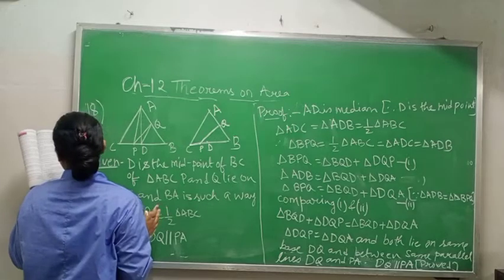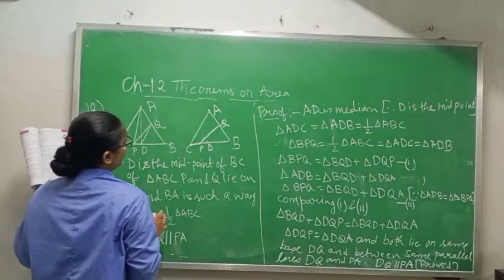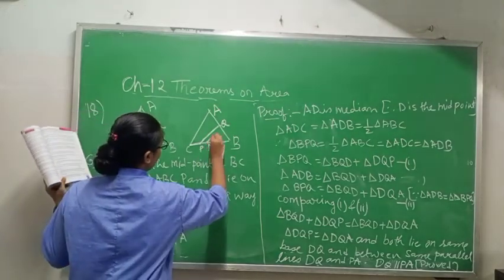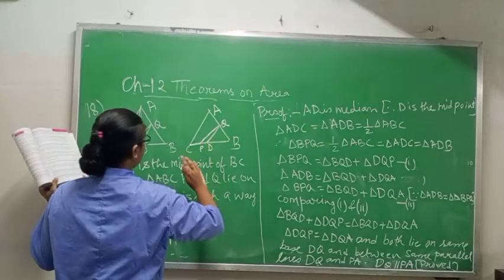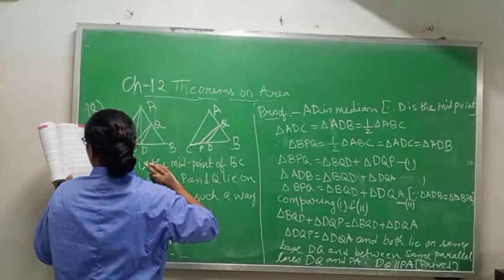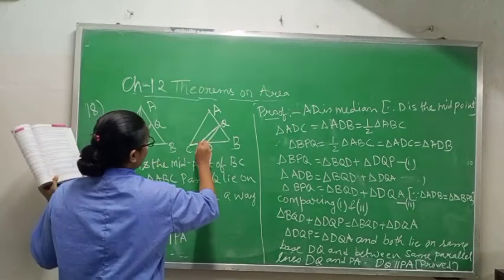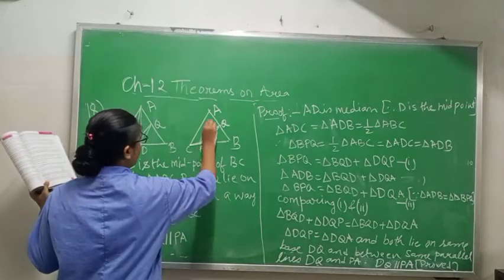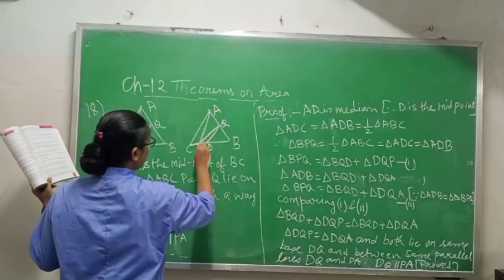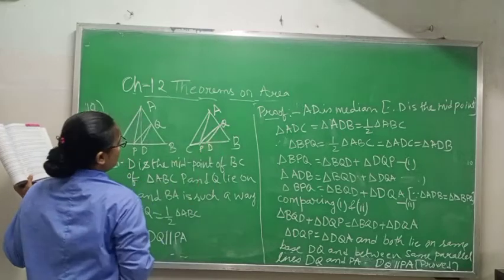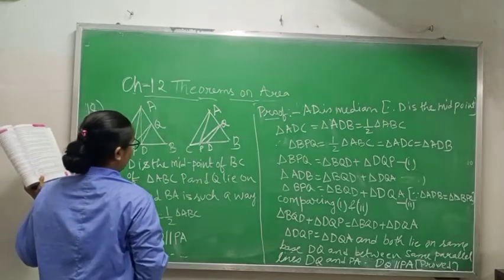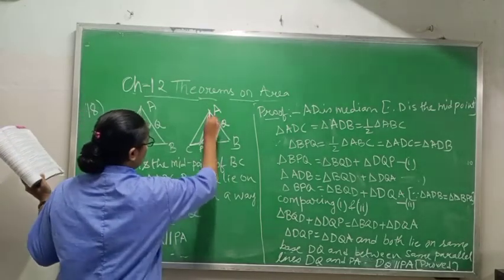We have to prove DQ, where D is here, is parallel to PA. That means we have to prove that this DQ and this AP are parallel lines. So we are joining this one also.